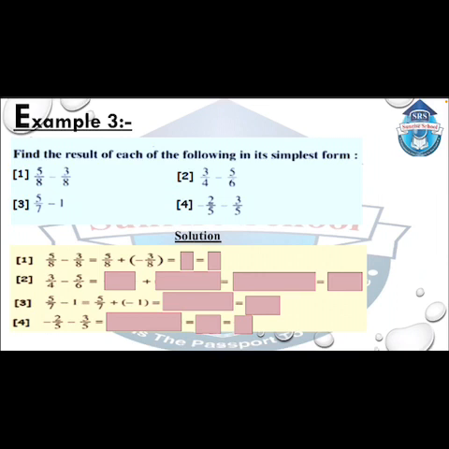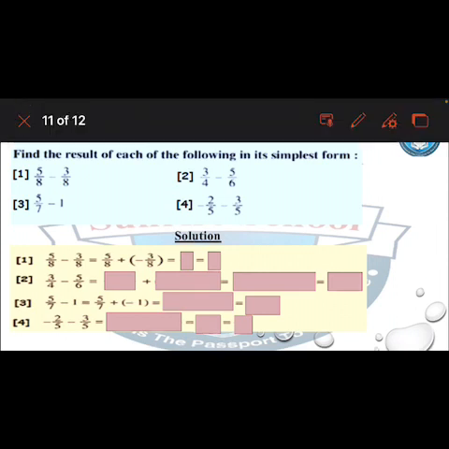Example number 3. Find the result of each of the following in the simplest form. First one, it's subtraction. 5 over 8 minus 3 over 8. So I will make it 5 over 8 plus negative 3 over 8.